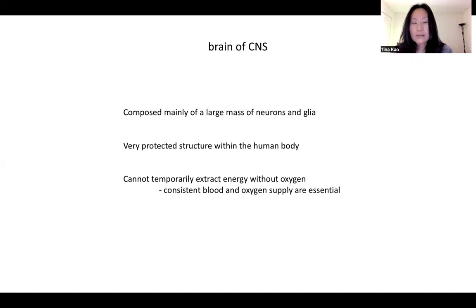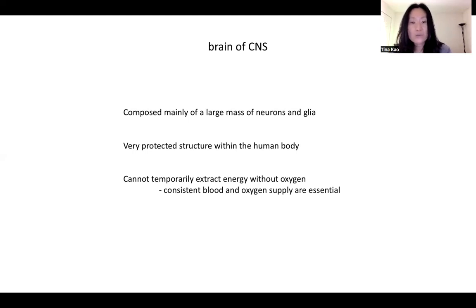If you think about the brain, it is a very protected structure. It is protected by cerebral spinal fluid, by layers of the membranes, by skeletal tissue known as the skull. And we are highly dependent on oxygen for our brains. We cannot have stored oxygen within the brain.